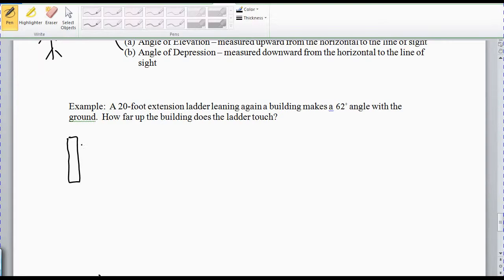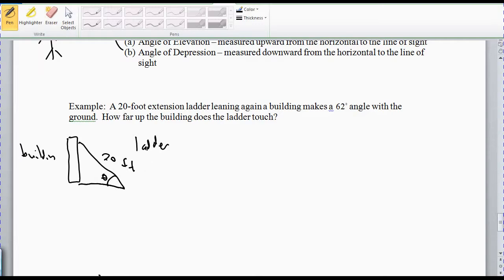So here's our ladder, and this is the building. The ladder is 20 feet. That's definitely not a 20, that's a 12. And it makes an angle with the ground. So here's our angle.